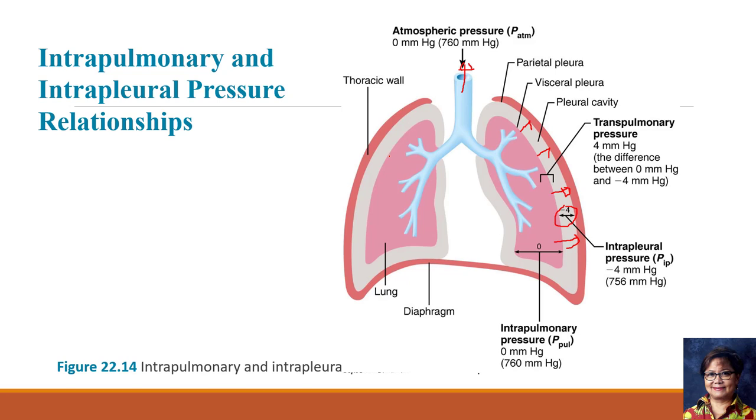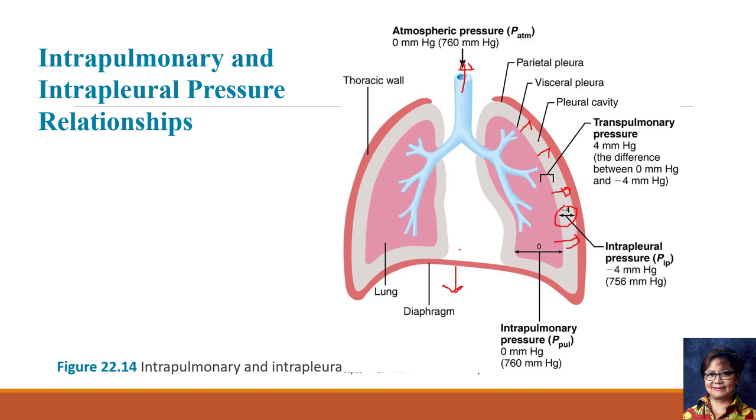But when the pressure inside the thoracic cavity becomes lower, how do you lower it? Well, when the diaphragm moves down, when it flattens out as we are breathing, that will increase the volume inside your thoracic cavity.